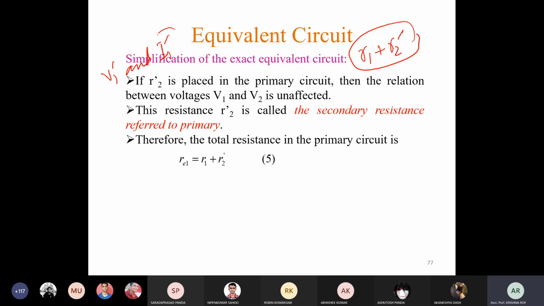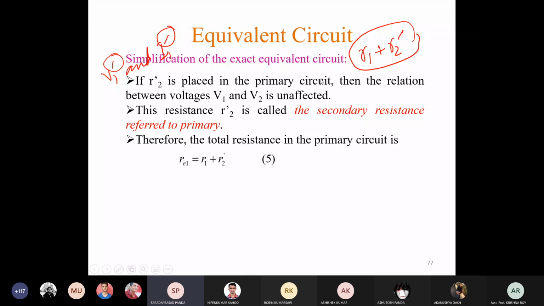These dash notations are not for referred quantities, they are already assigned. V1 dash is the voltage which is equal to minus V1, I1 dash is the load component of primary. Is it clear?